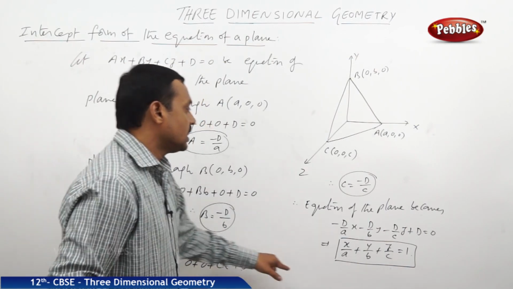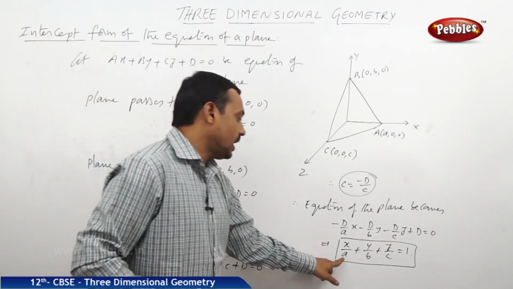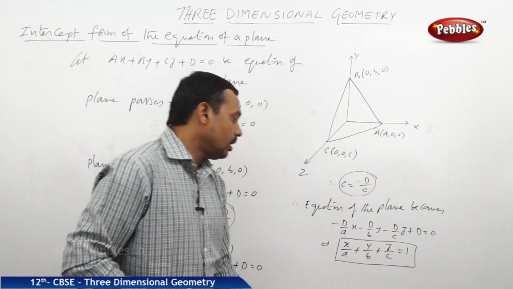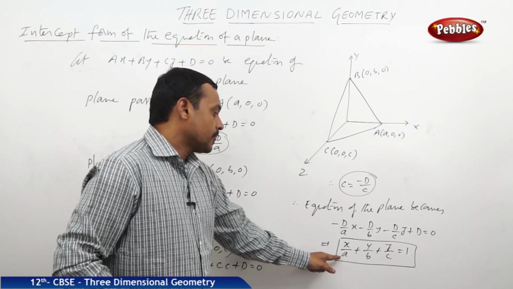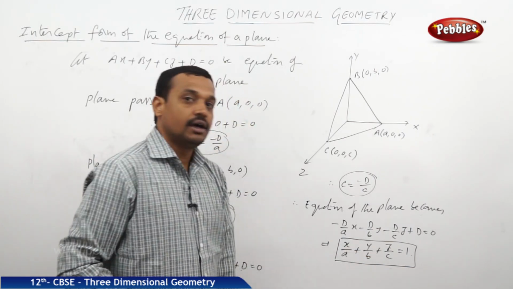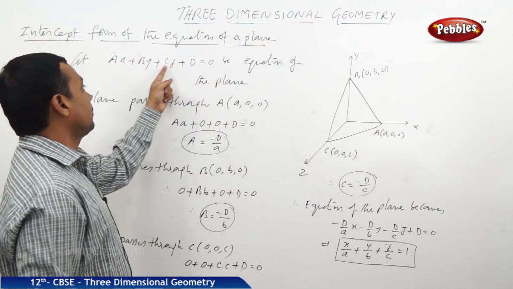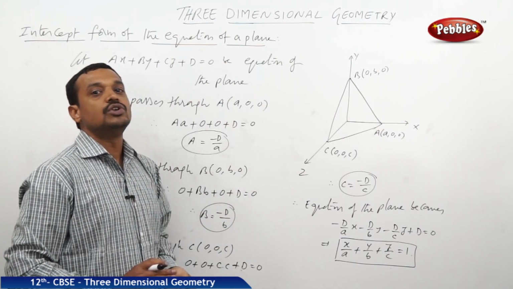This is the intercept form of the plane, where a, b, c are the intercepts on the coordinate axes x, y, z respectively, made by the plane Ax plus By plus Cz plus D is equal to 0.